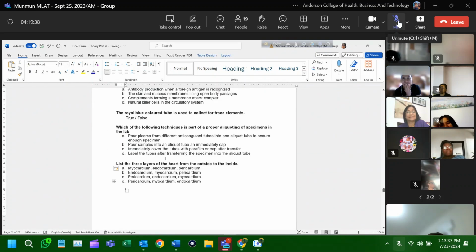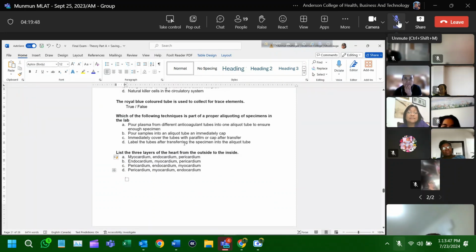Okay, so this is the last question, and then I will send you later. Which of the following techniques is part of a proper allocating of specimens in the lab? Sorry, could you repeat the question? Which of the following techniques is part of a proper allocating of specimen in the lab?